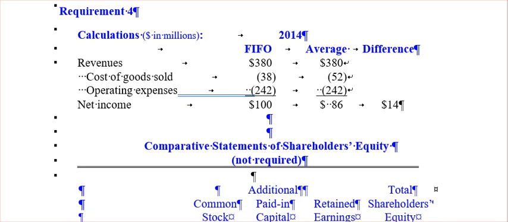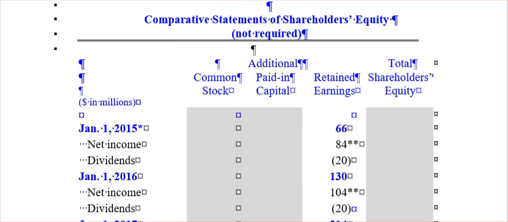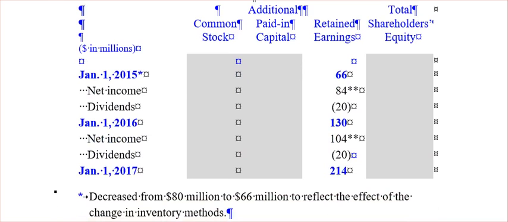And instead of doing that, I think it's really helpful if you go through and actually do comparative statements of shareholders' equity with this, because what you need to understand here is that if you were starting January 1st, 2015, you need to figure out the income statement effect for the previous period of time, and it needs to be rolled up into the beginning retained earnings number.